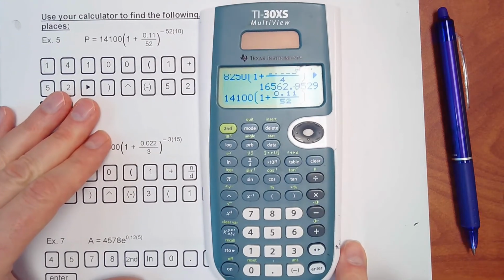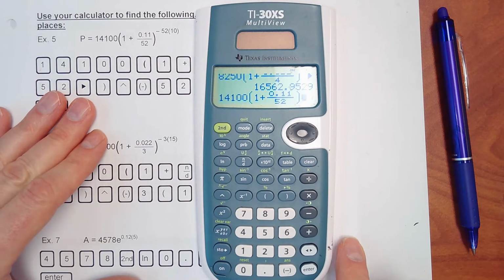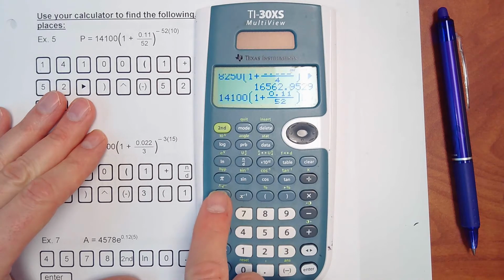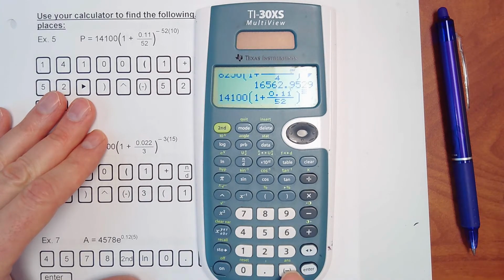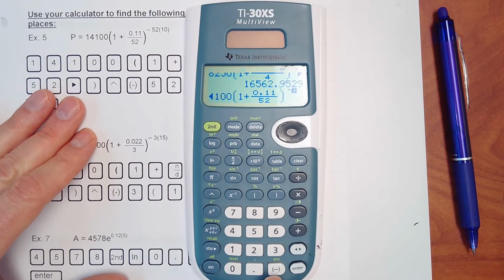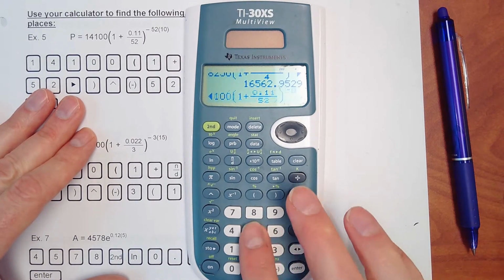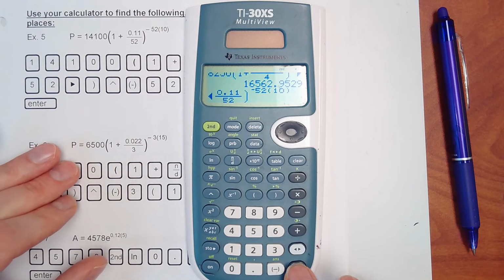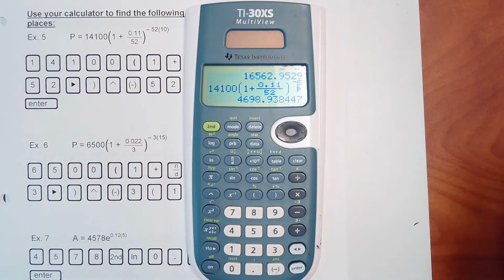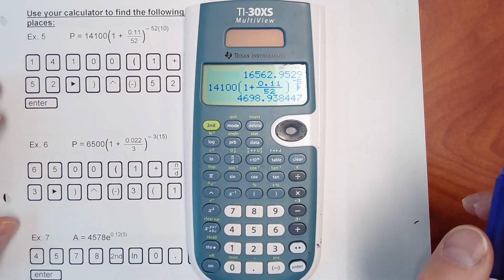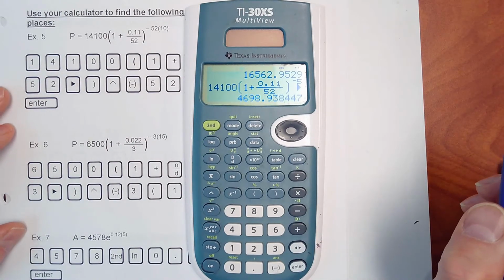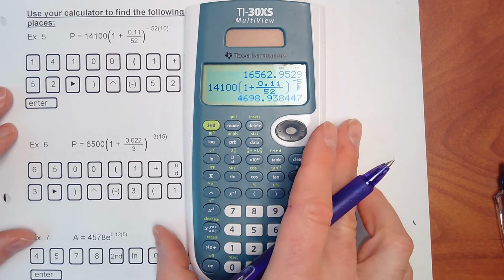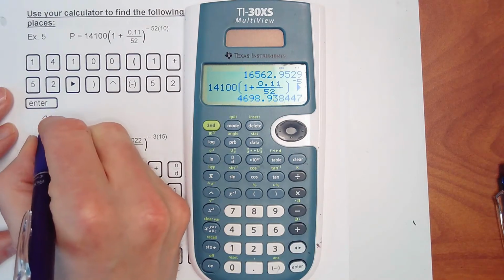Now make sure on this one, after you hit your caret key, you're going to be using this negative key down here by the enter key. And then we're going to type in 52 parentheses 10. So that gives $4,698.94.